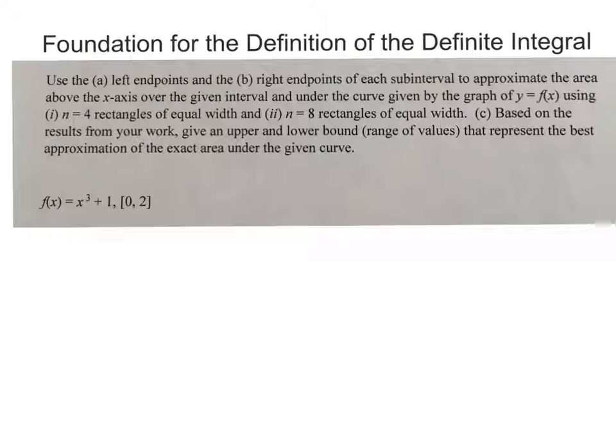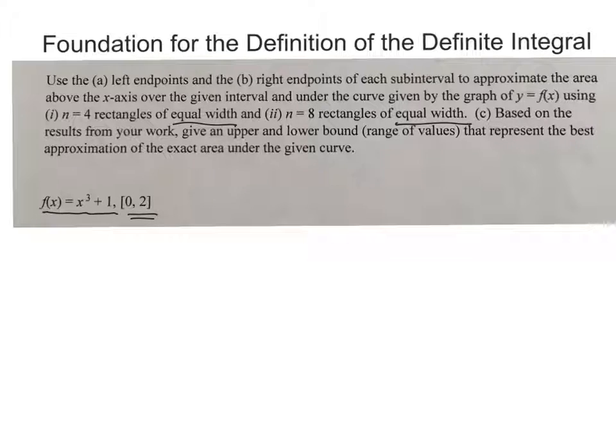In the previous example, we looked at using left and right endpoints to approximate the area, and we started with the function x cubed plus 1 over the x interval from 0 to 2, and we looked at using 4 rectangles and then 8 rectangles as well, in keeping with an equal width.